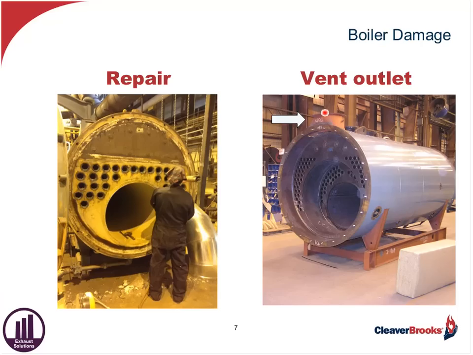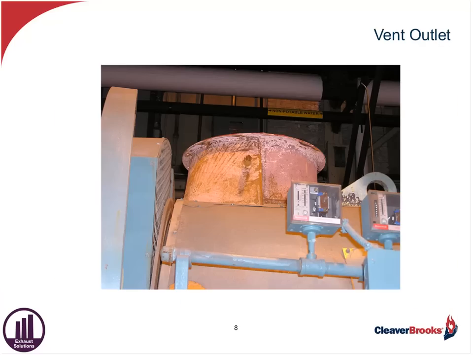If we get into a condensing situation, this is carbon steel. It's going to begin to corrode, not just the vent, but the boiler extension itself. So here you see a good shot of that boiler vent coming out of the shell extension right here. You can see it's carbon steel and how it could definitely corrode with condensation building up and dripping down.